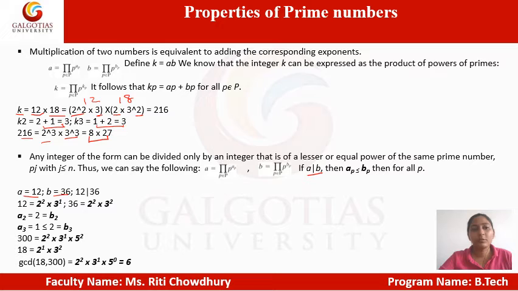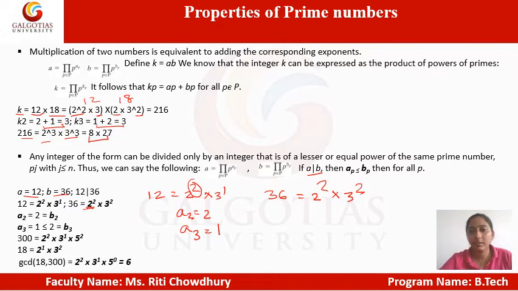So here the value of A2 is equal to 2, the same value as B2. If we write 12 as 2 square 3 to the power 1, this A2 will be 2 because of this, and A3 is equal to 1. Now if we write 36 in terms of 2 square and 3 square, then here B2 is equal to 2 and B3 is equal to 2.